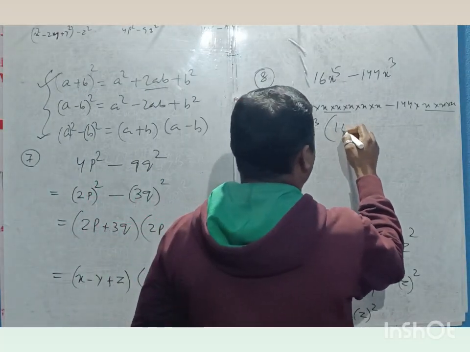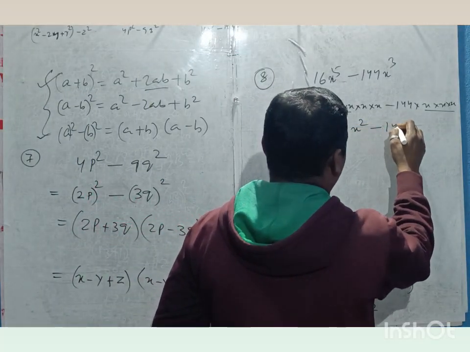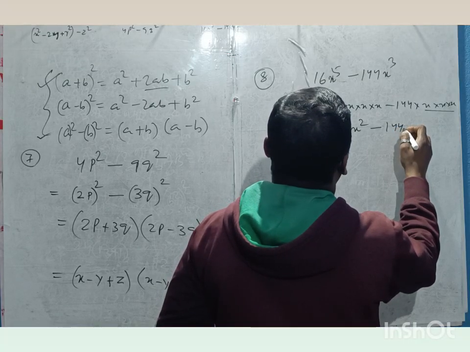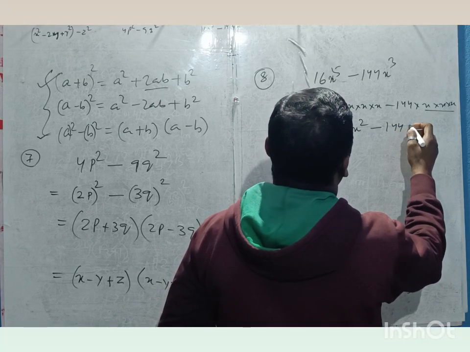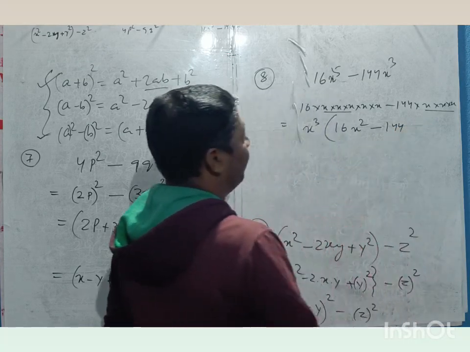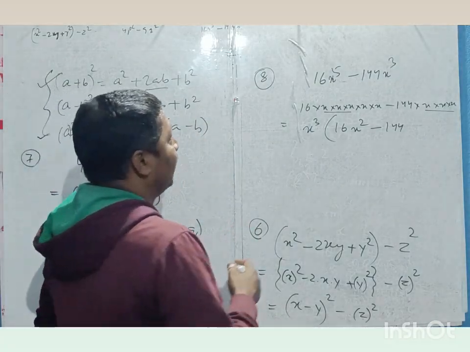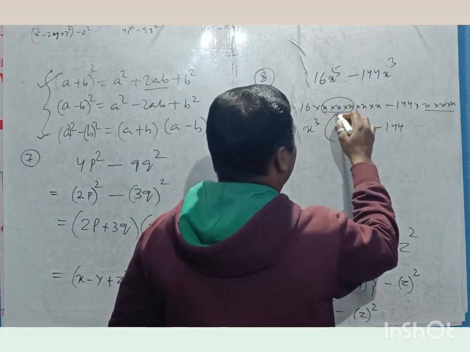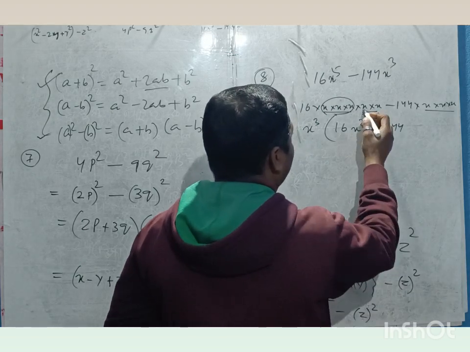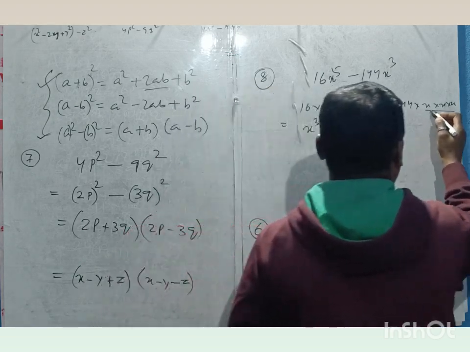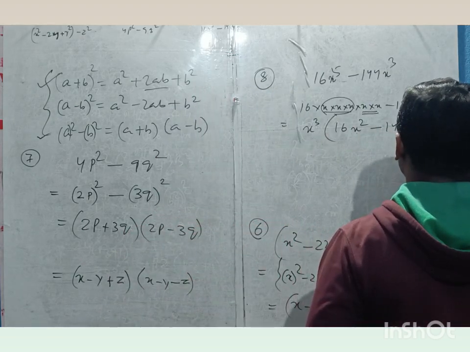Here 16x^2 and 144. If x^3 is taken common, what will be remaining? x into x, x^2. And in the other term, what will be remaining? 144.